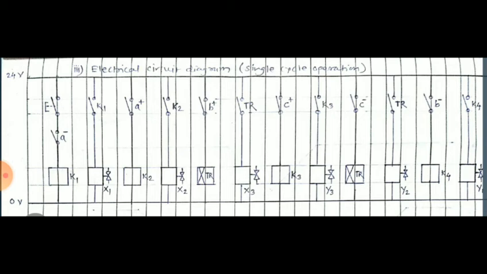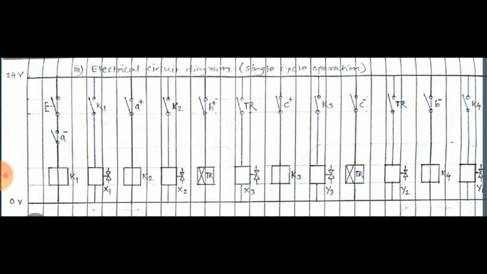So first the forward stroke of cylinder A, then the forward stroke of cylinder B, then there is a delay. Then there is the forward stroke of cylinder C, then the return stroke of cylinder C, then there will be some delay. All the operations will be stopped for some time, which means it is a delay. Then B minus means the return stroke of cylinder B, and A minus means the return stroke of cylinder A.